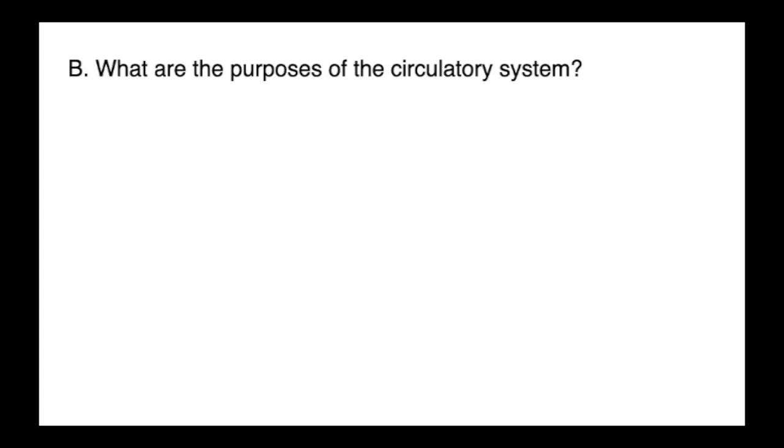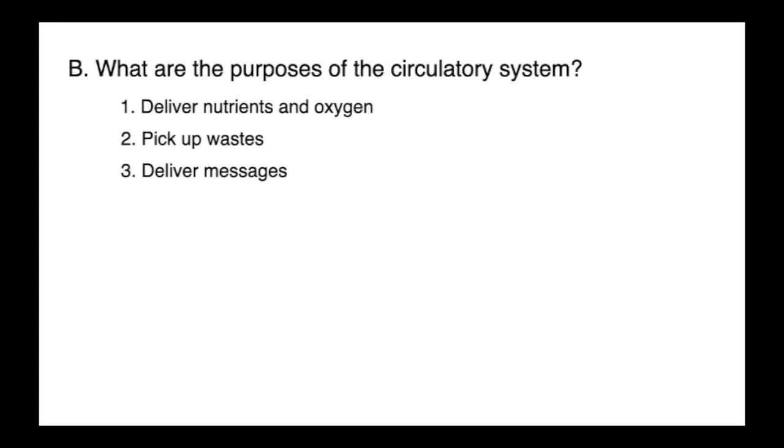So what are the purposes of the circulatory system? Well, I'm going to mention three. They are to deliver nutrients and oxygen. So your blood is like, imagine it contains little delivery trucks, and they're delivering nutrients and oxygen to cells in your body.